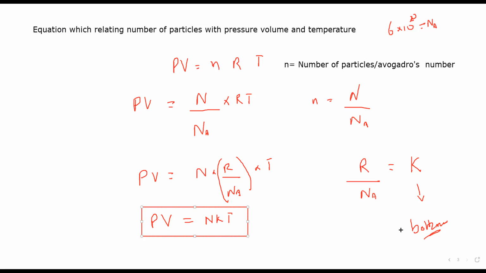Sometimes we have a mixture of gases at the same temperature. For example, I have a container.